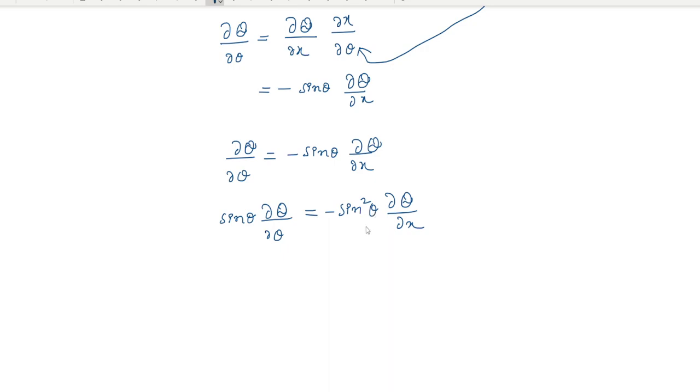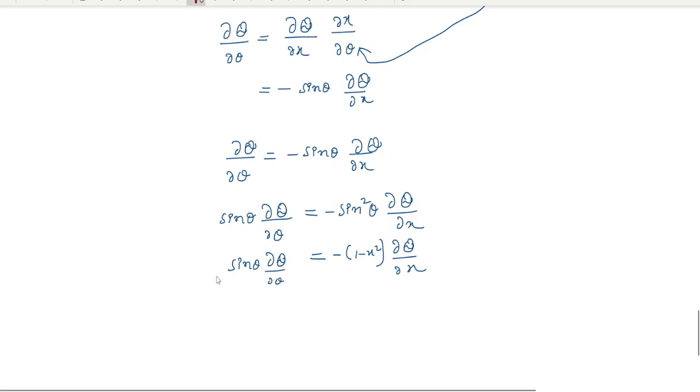So sine square theta equal to 1 minus cos square theta, right? That is minus 1 minus x square, because x is defined by cos theta, partial derivative divided by dou x. So we are going to use these functions in our equation.